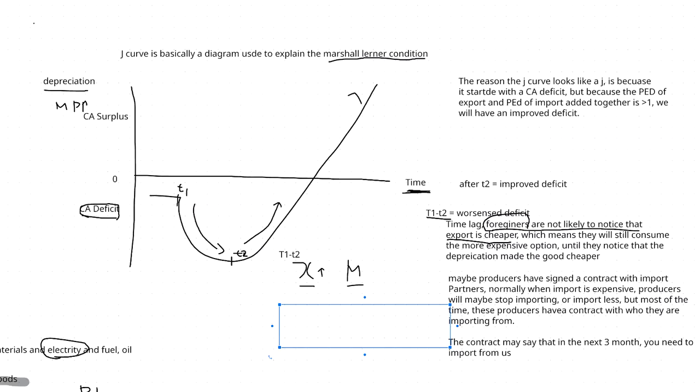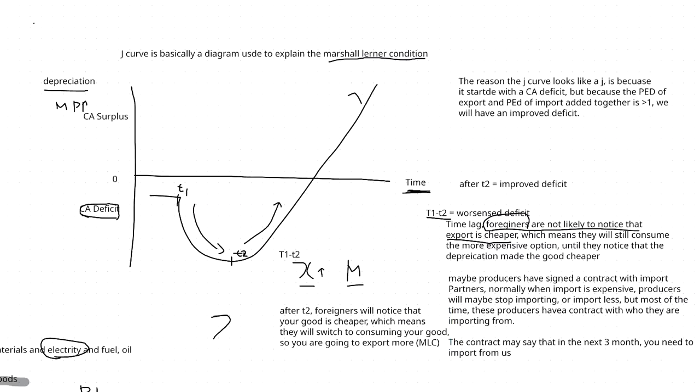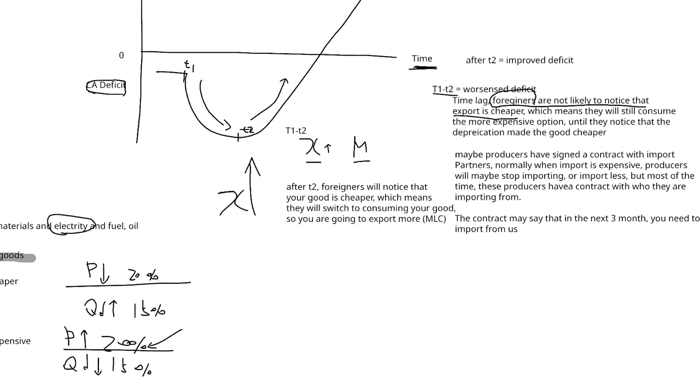Okay? So this is when the Marshall-Lerner condition, MLC, starts to happen. After T2 the Marshall-Lerner condition kicks in, foreigners will start to notice that your good is cheaper. And because your good is elastic, they will buy a lot of your good. So in this time, your export increased by so much. And then for producers, their contract ends.